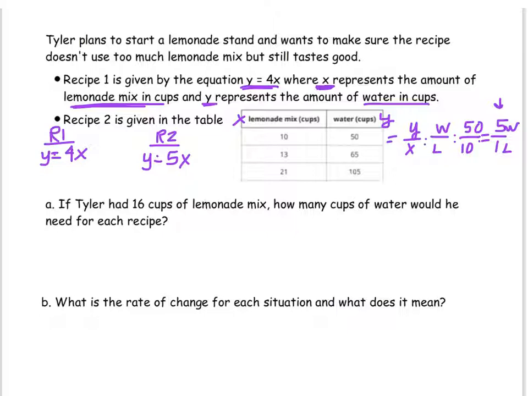To get the amount of water, I take 5 times however many cups of lemonade mix. So I'm going to go down here again. So recipe 1, their rate of change is 4. And that means it's 4 water cups per lemonade mix.